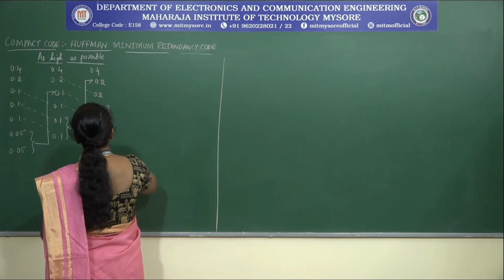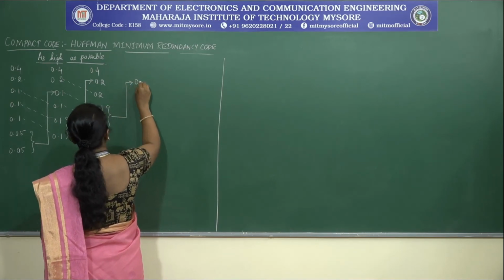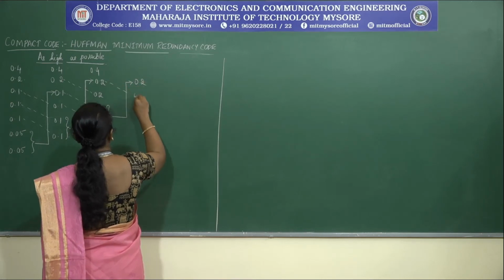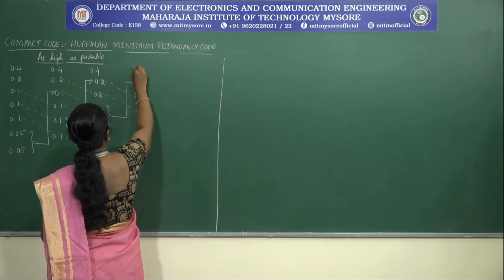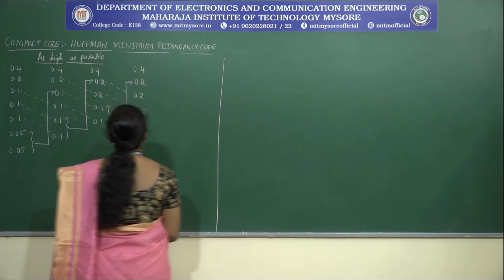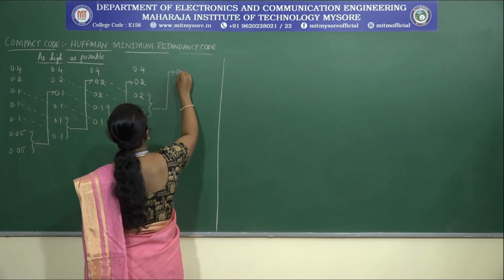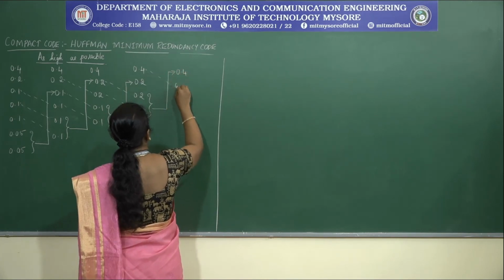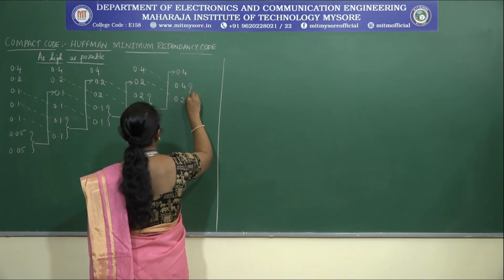Next combine these two, so it will be 0.2. So 0.2 here and 0.4 here. Next you have 0.4, and this is 0.2.